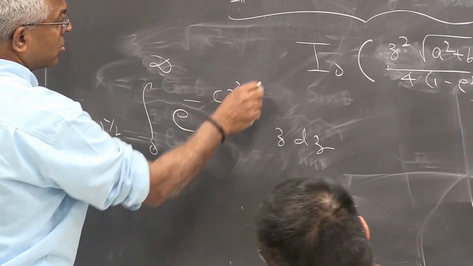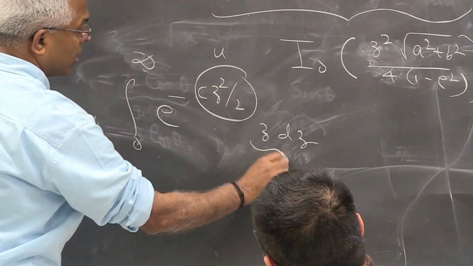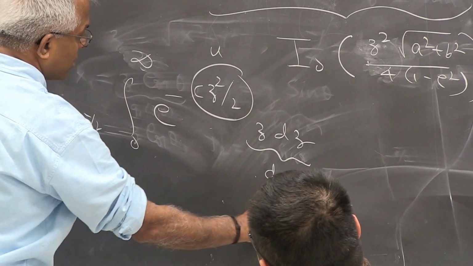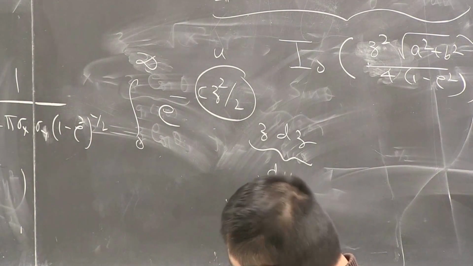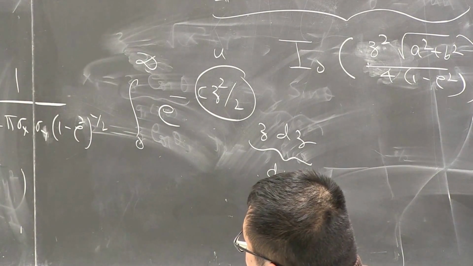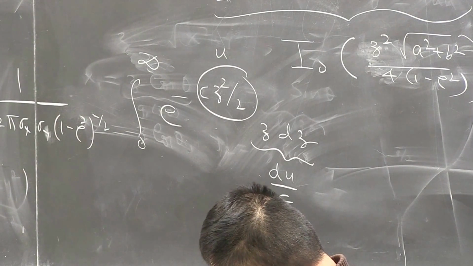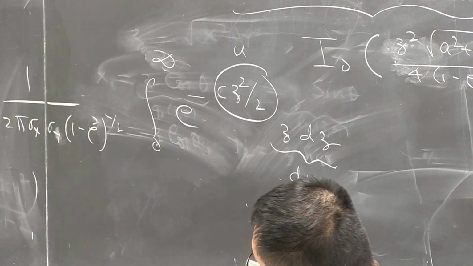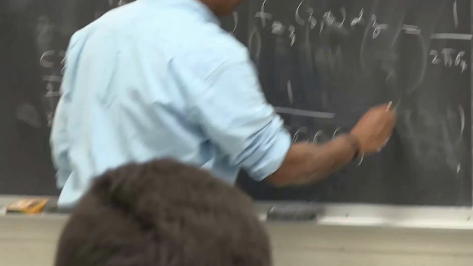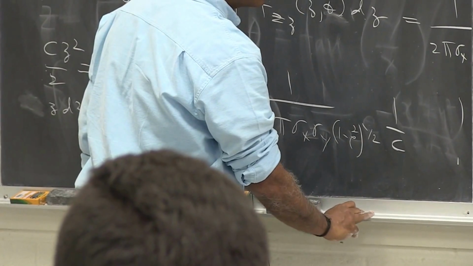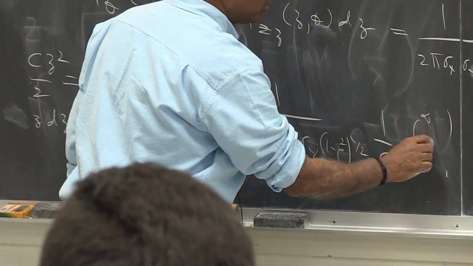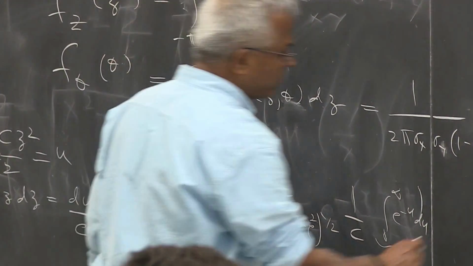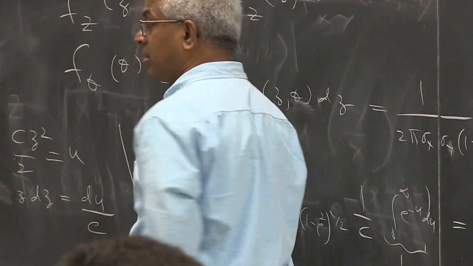So I'm going to substitute this with u, and then this becomes du by c squared. So this integral now becomes 1 over 2π σx σy, 1 over c squared is a constant. The rest is the integral from 0 to infinity of e raised to minus u du, which is 1. So that's the answer. So finally, let me just substitute for c.